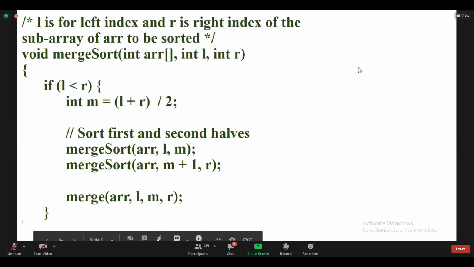Middle point is equal to L plus R by 2. Middle value is equal to L plus R by 2. All of you understand this one? So go to the next, the merge function.